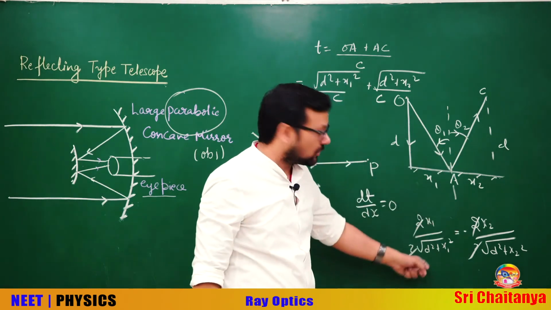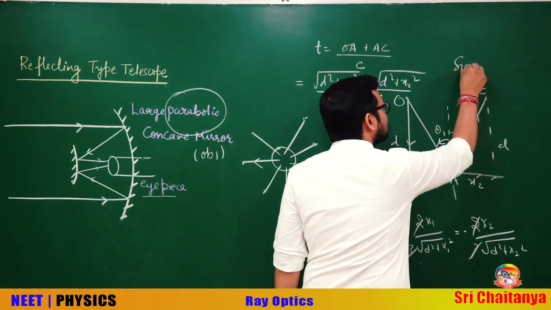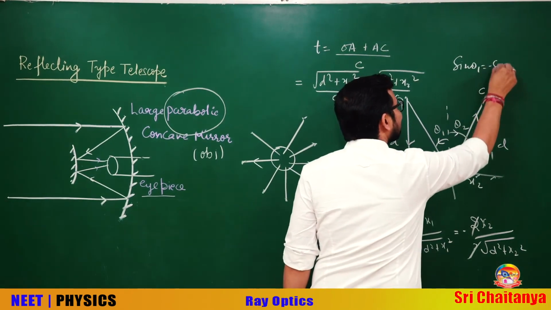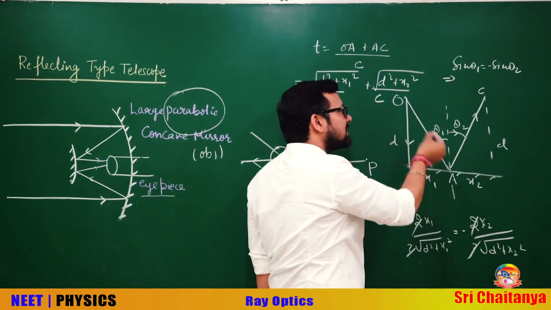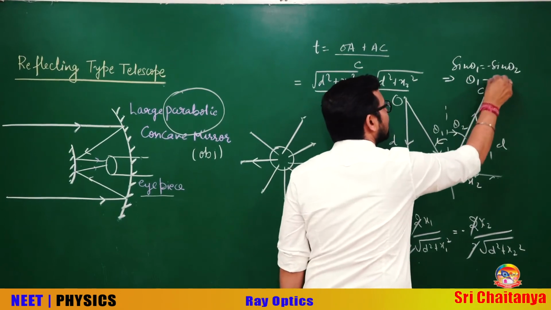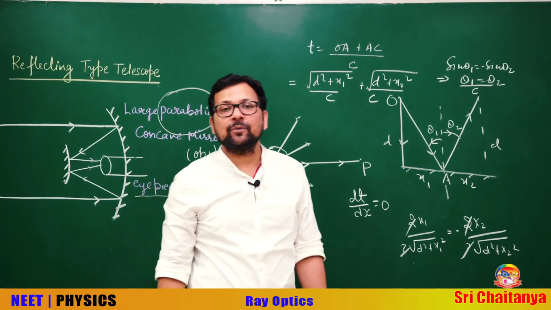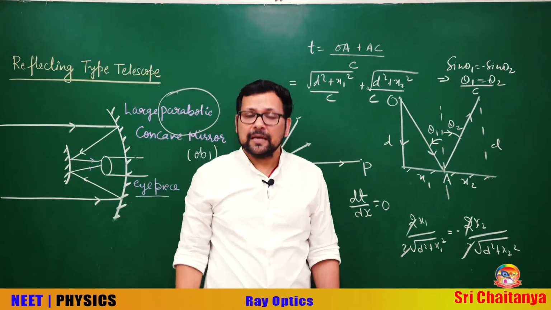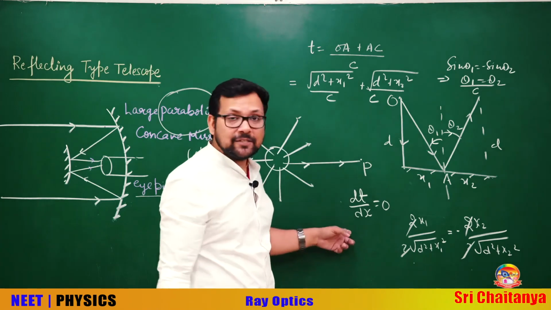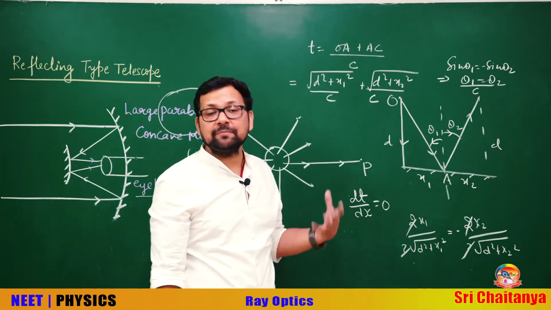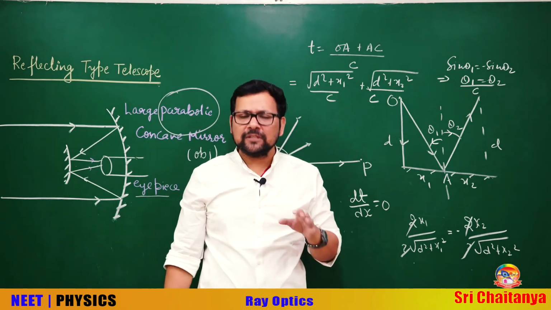So this can be written as sin theta 1 equal to minus sin theta 2, and if we exclude the sense, in magnitude we can write theta 1 equal to theta 2, that is, angle i equal to angle r. It means angle i is equal to angle r because dt by dx is 0, because time is either minima or maxima. So this is Fermat's principle.